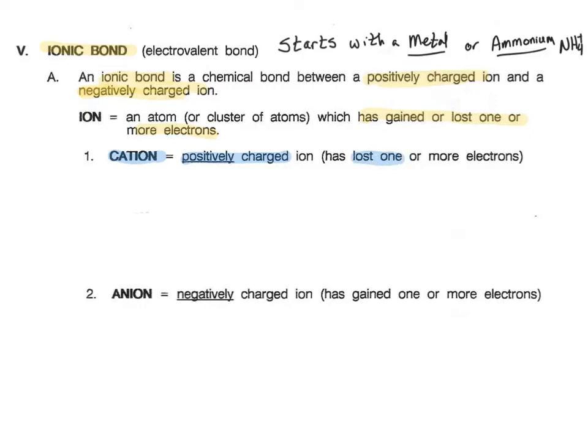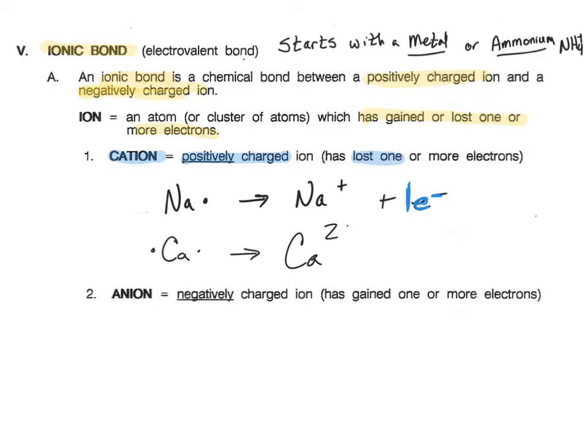For example, we could look at sodium. It likes to lose one electron and it becomes a positively charged group. Or calcium, which has 2 extra valence electrons, it likes to lose 2 electrons and become a positive 2 charge. Those are both forms of cations. Anions are negatively charged ions, and those are the ones that have gained 1 or more electrons.